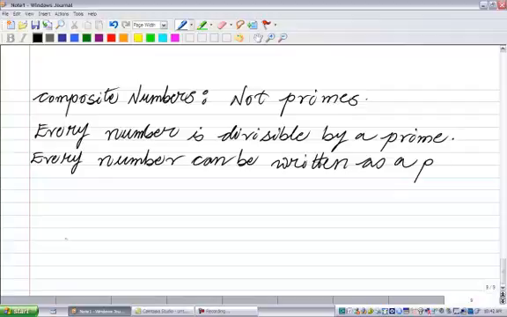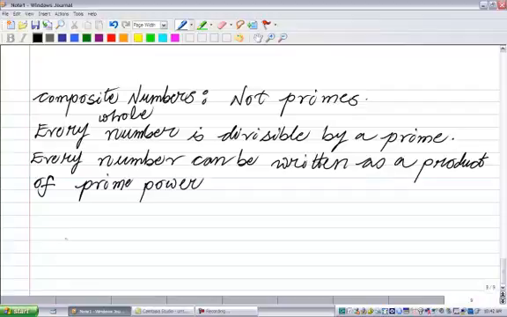So here you want to emphasize that I'm talking about whole numbers only, right? Can be written as a product of prime powers in a unique way. So what do I mean here? That every number can be written as a product of prime powers.